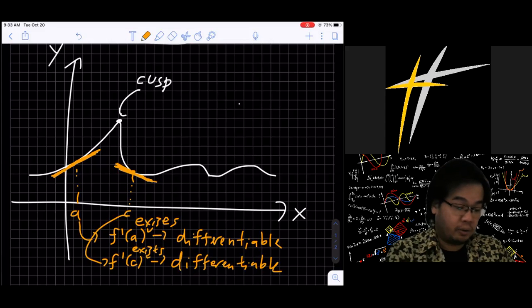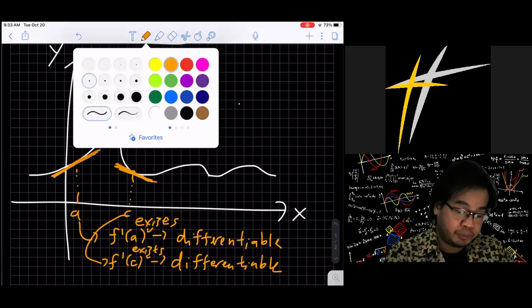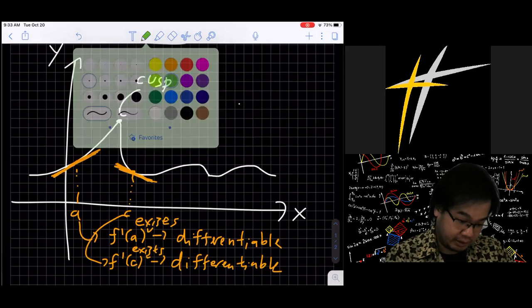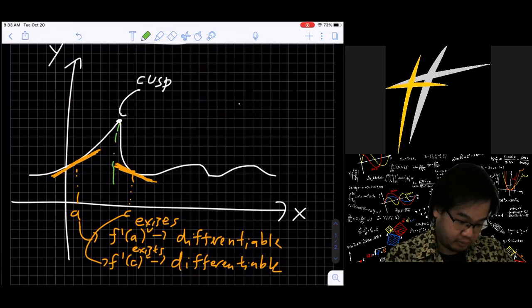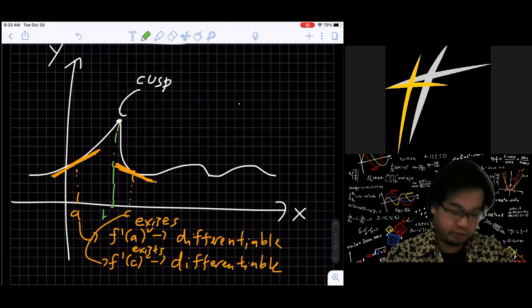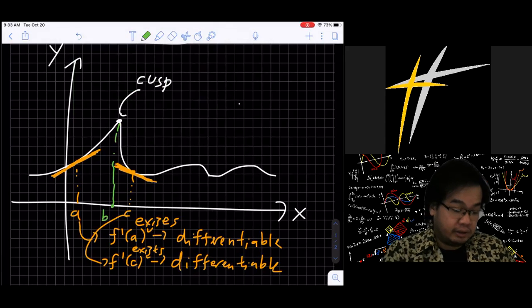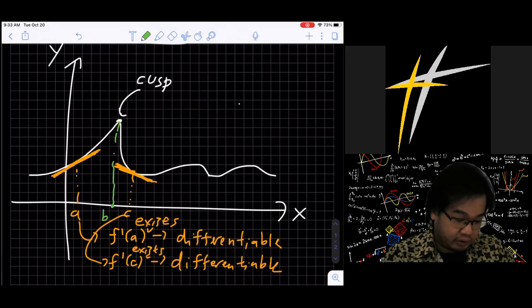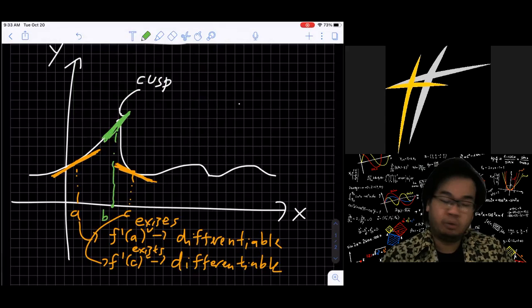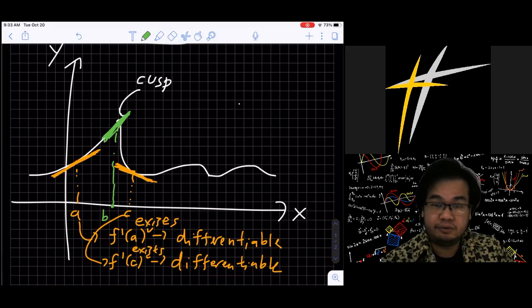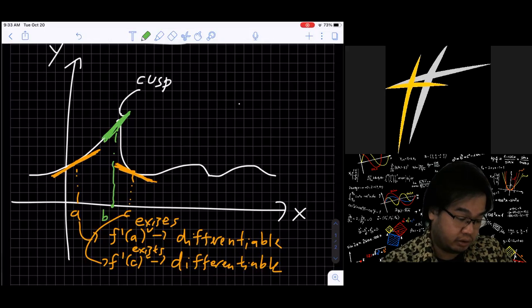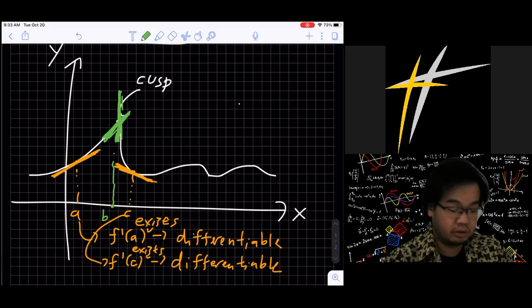Okay. Now at the cusp here, let's say when x equals b, the slope of the tangent line from the left side is going in this direction, right? Meanwhile, the slope of the tangent line from the right is this one.